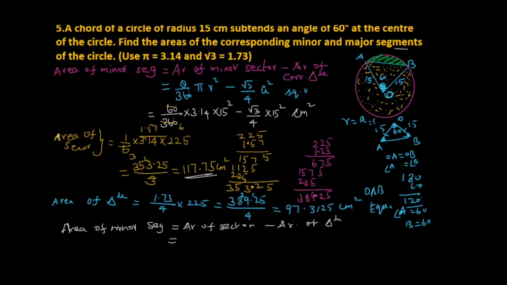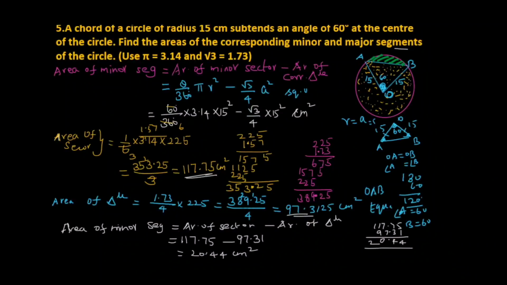This is area of sector 117.75 minus this is area of triangle 97 point approximately 31. So 117.75 minus 97.31, we are getting 20.44 centimeter squared as area of minor segment.